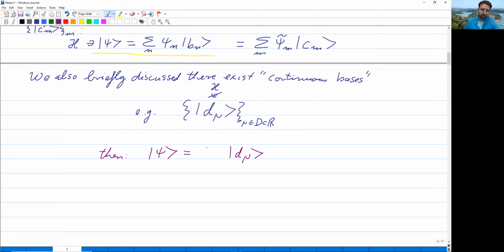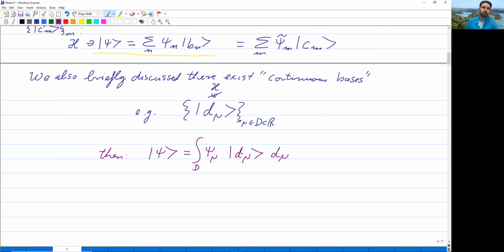We're going to have lots of coefficients with a label. Here the label was n of psi, and that's a discrete label, but now we have a continuous label mu, and we would integrate over the interval D, which may be the real line, d mu.